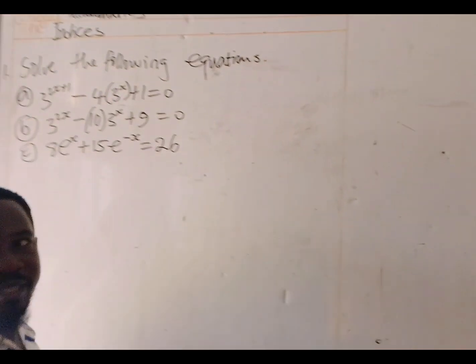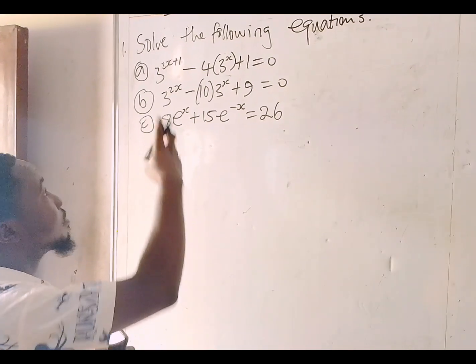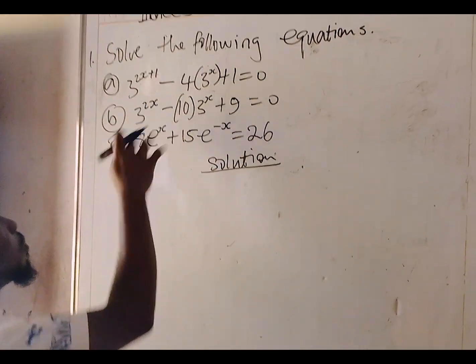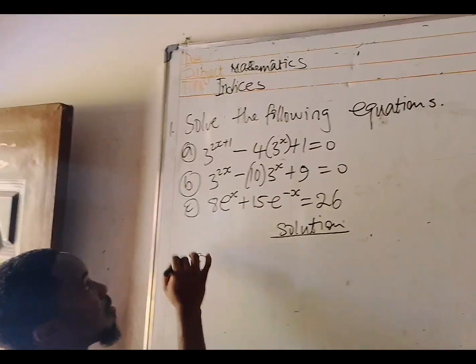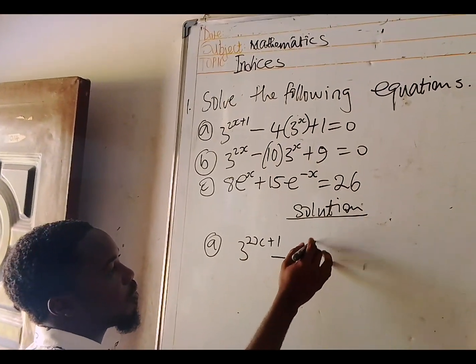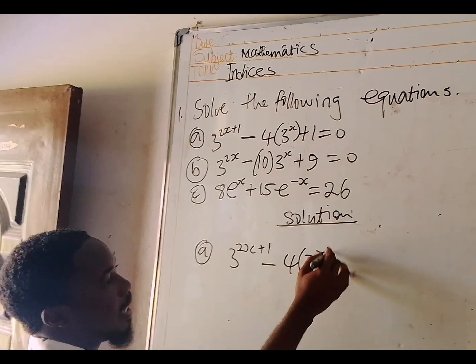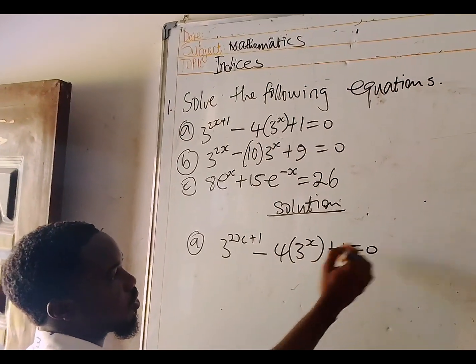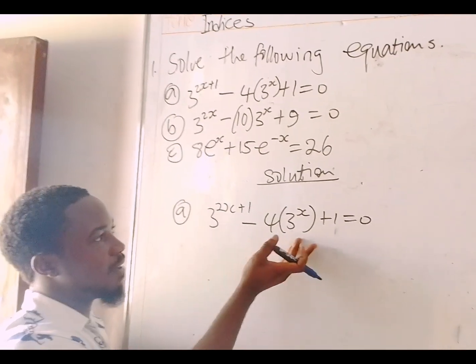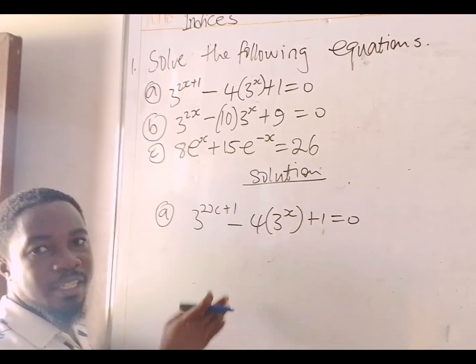When we have problems like this, let's look at it. First, solution. We have here A, we have 3 raised to power 2x plus 1 minus 4 into 3 raised to power x, close bracket, plus 1 equal to 0. Whenever we have a problem like this, first we have to simplify the powers.